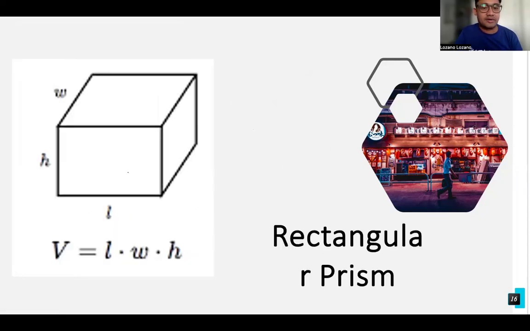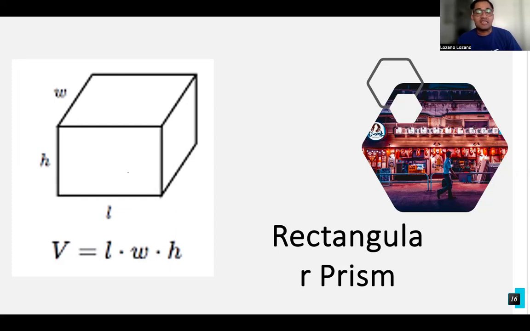Now let's go to the rectangular prism. For a rectangular prism, the length, width, and height are always given for the volume. Madali lang yan. The formula for the volume of a rectangular prism is length times width times height.